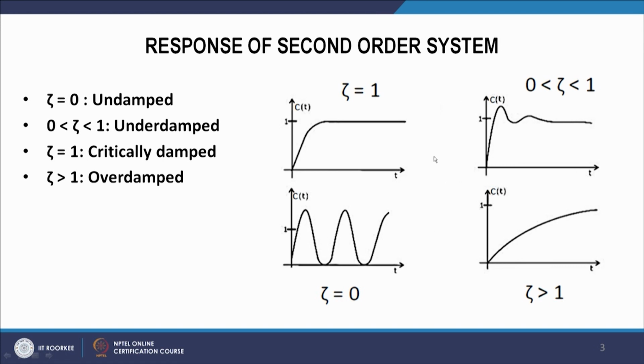Now we come to the underdamped system, where the damping is less than 1. So 0 is less than damping ratio is less than 1. For an underdamped system, we can see the values overshoot and then come down, and after several oscillations it reaches the final value.